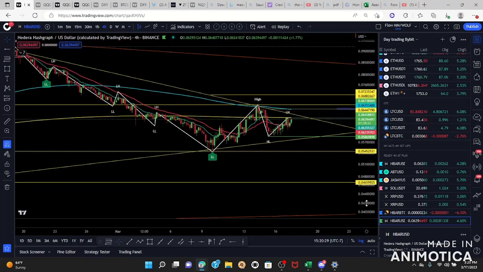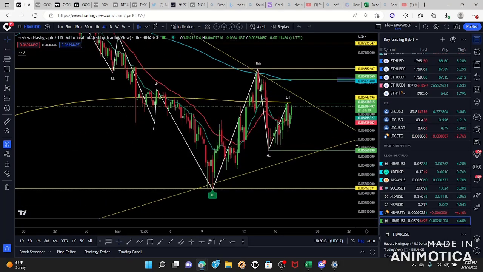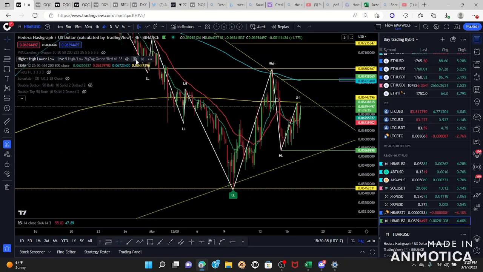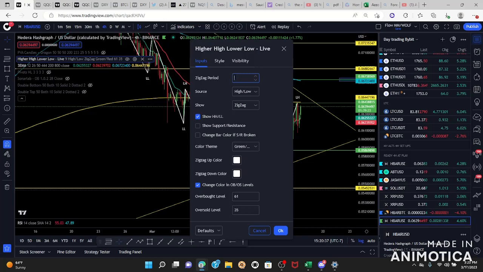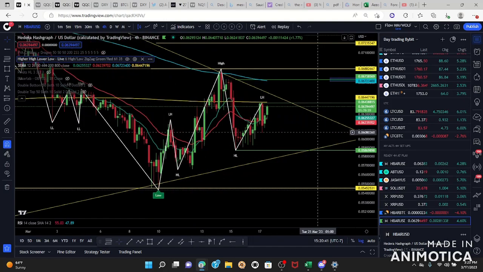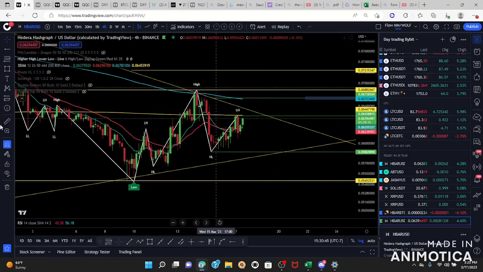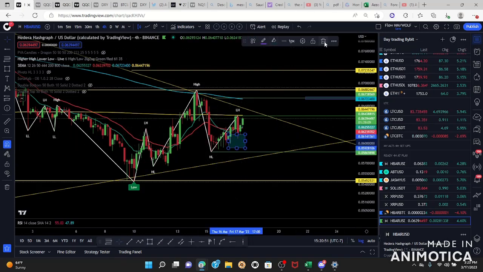I'm trying to see if I could find any shape, any patterns. Sometimes that helps me. So for my support for the 4 hours, I'm just going to follow it with this trend line here. Wrong tool.